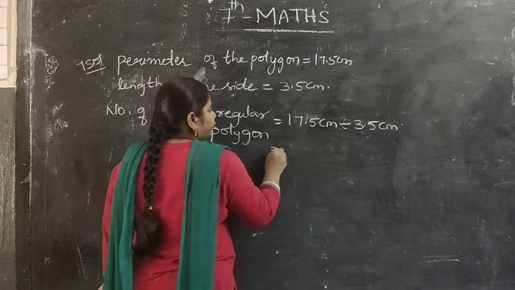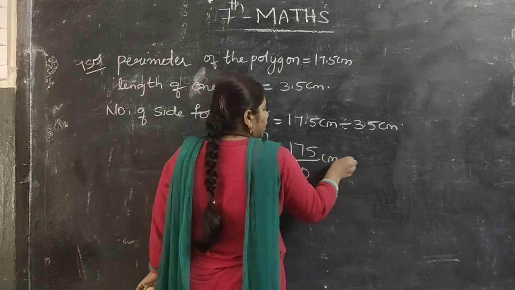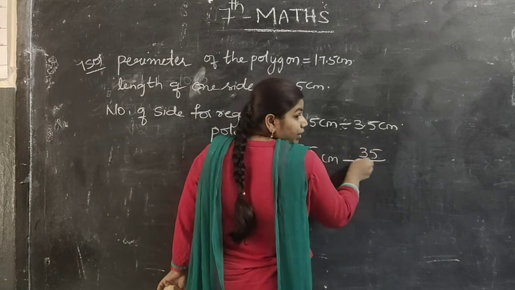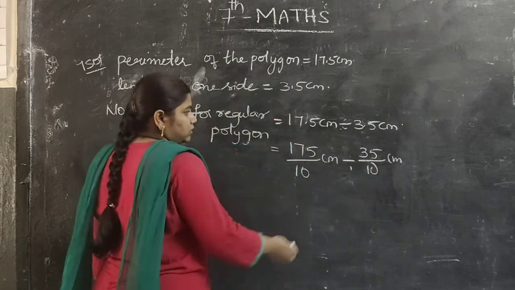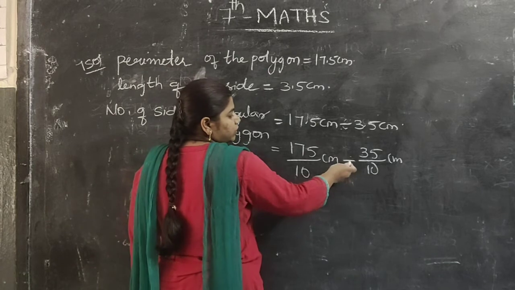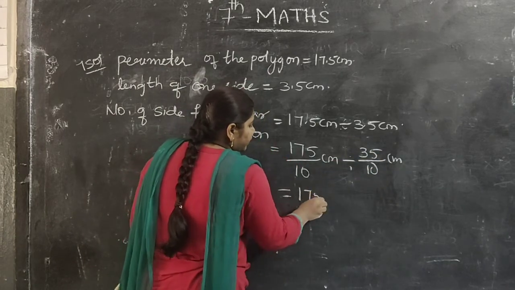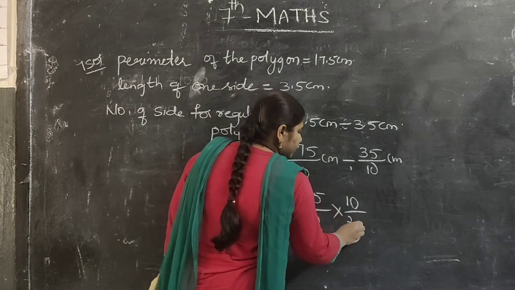So 17.5 you can write as 175 by 10 centimeters, and 3.5 you can write as 35 by 10 centimeters. So how to divide this? Just convert this division into multiplication, and the second term will be flipped. That is 175 by 10 into 10 by 35.